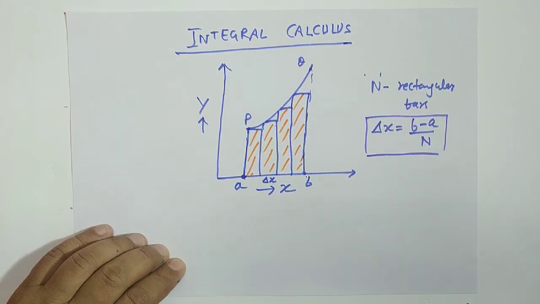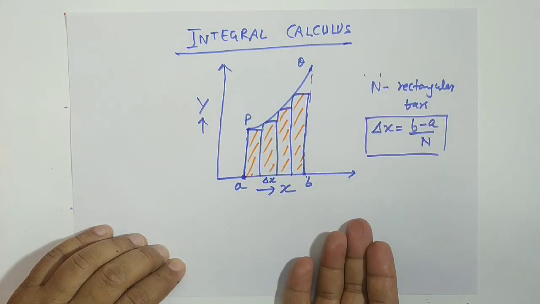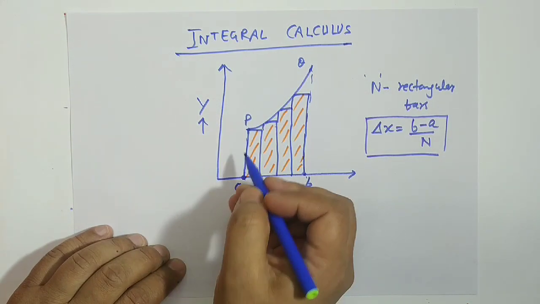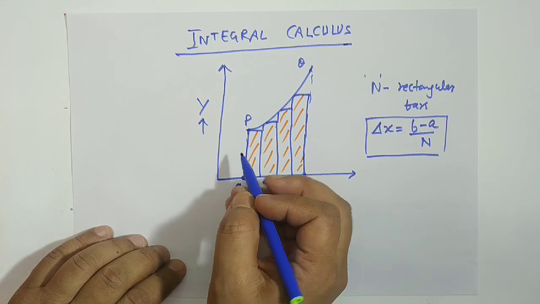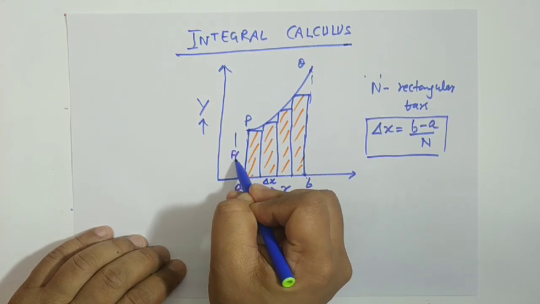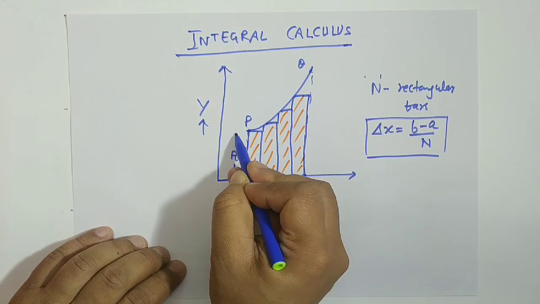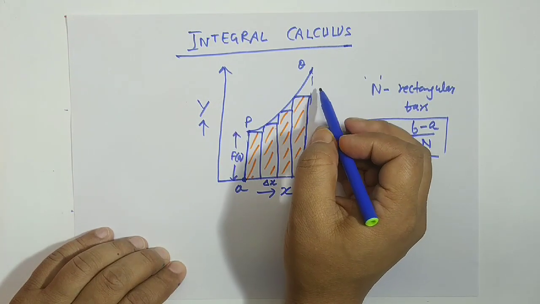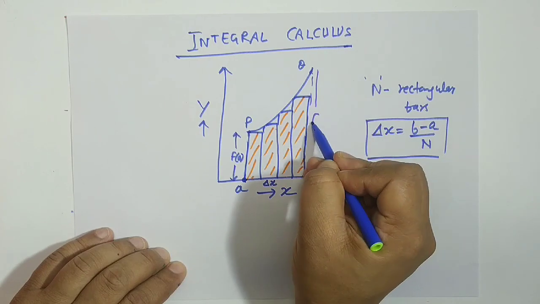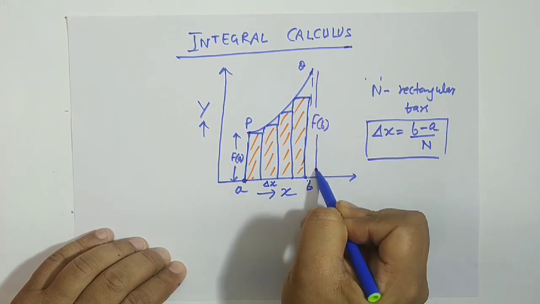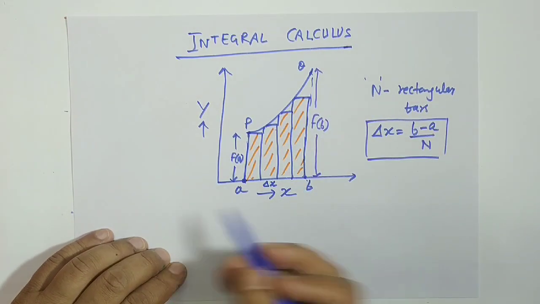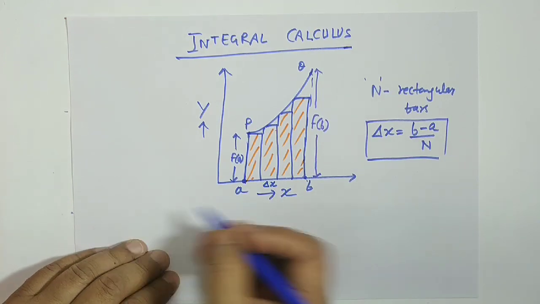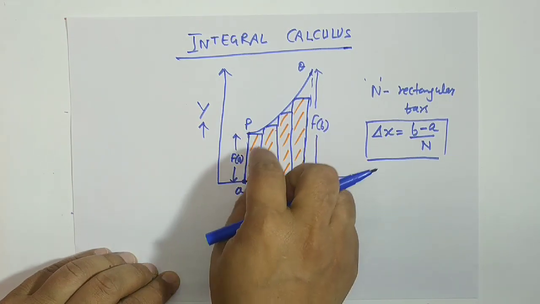But then when you find the area of the complete curve, every area will be counted here. Say this value from here to here is a function of A, f(A), and this value is function of B. Why do we want to find the area? Every bar is a rectangle.